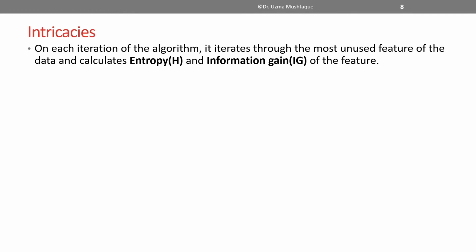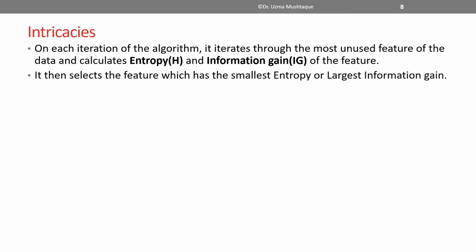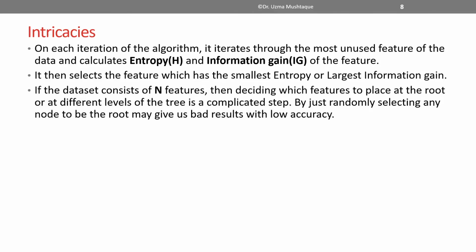And in each iteration of the algorithm, I should iterate over the unused features of the data, right? I have to figure out which feature hasn't been used, and then also calculate the entropy and the information gain of that feature. Based on the smallest entropy and largest information gain, I have to select the feature.